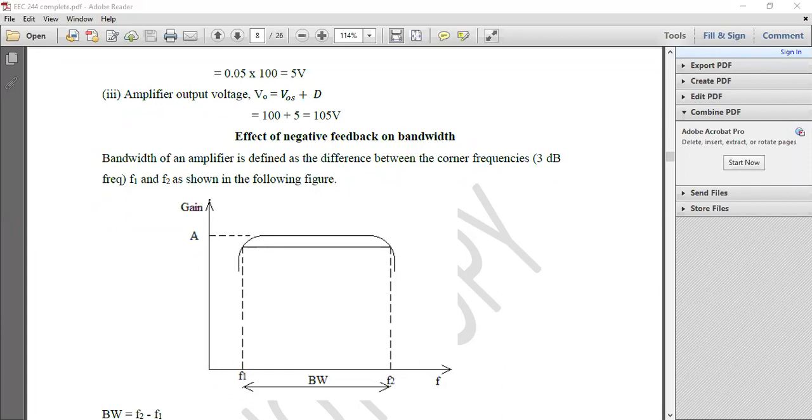If A is the amplifier gain, then the gain bandwidth product, gain multiplied by bandwidth, will give us A multiplied by BW. Now, this gain bandwidth product is something that must be constant for an amplifier, whether the amplifier is open loop or closed loop.